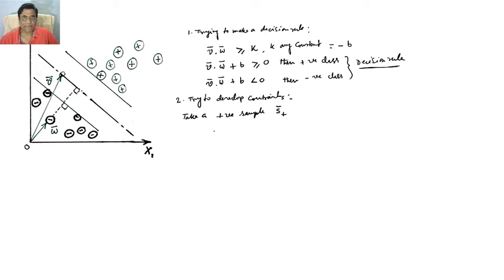So if it belongs to the positive class, then w dot x plus b must be greater than or equal to 1, if the gutter size is 2.